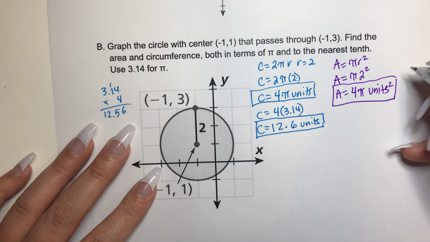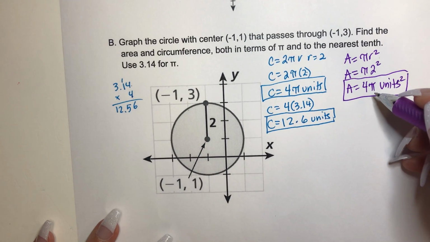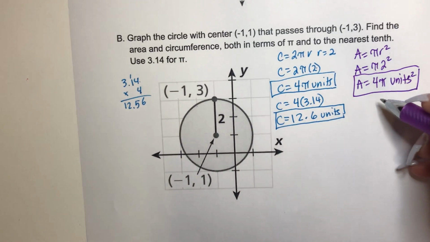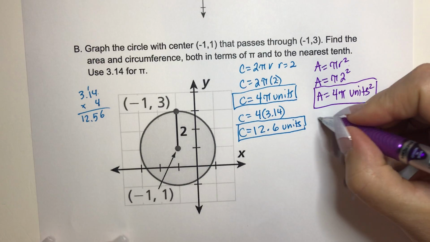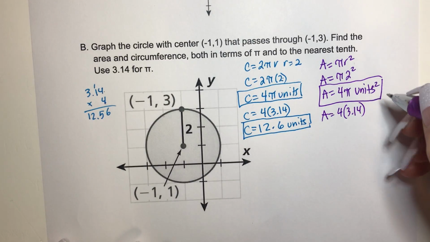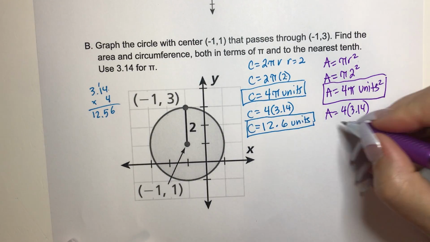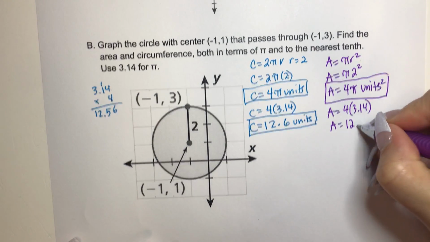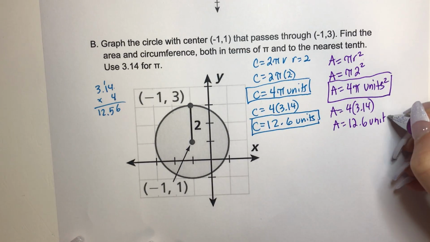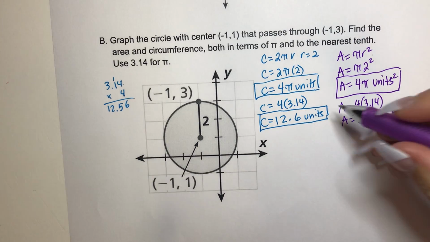And then we just need to figure out what we need to find this to the nearest tenth. So we're going to substitute 3.14 in there. And we just figured out what 4 times 3.14 is. It's 12.6 units squared, because it's the same thing as that. But units squared is different than units.